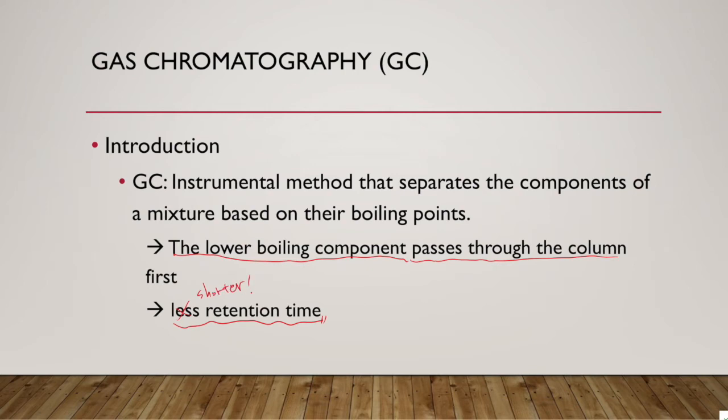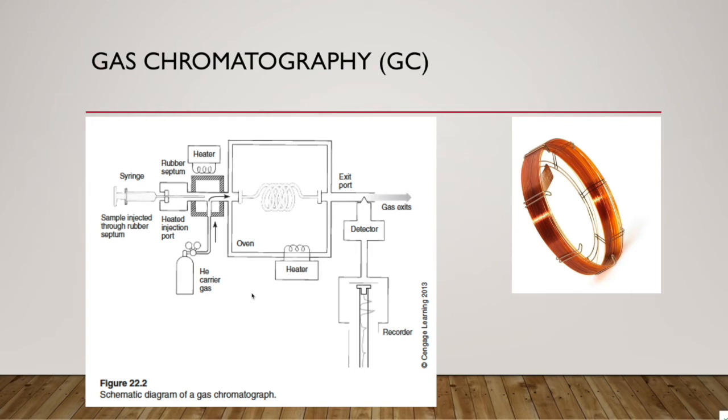Okay, so you probably have no idea what I'm talking about here, but if you already read the textbook, you probably have some idea what's going on. So let's take a look at the basic schematic diagram of a gas chromatograph. So it's an instrument, it's a machine that has multiple components. Okay.